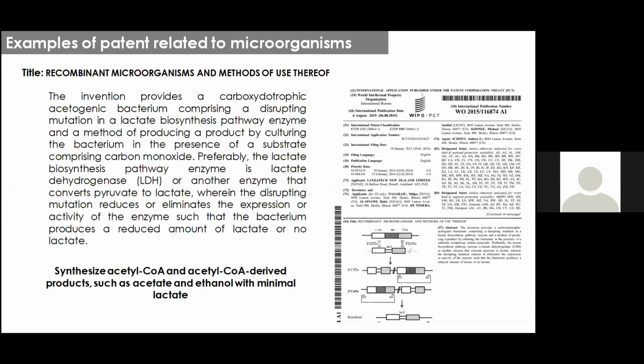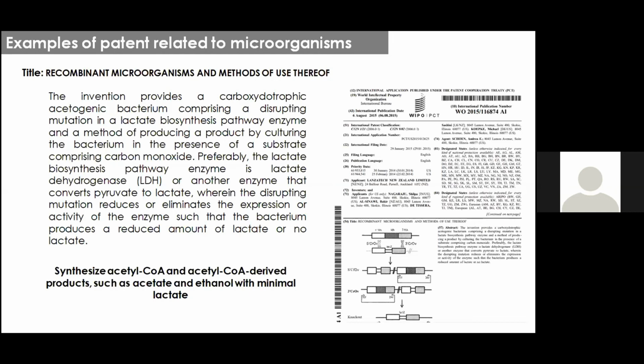In the case of Chakrabarty, it was used for crude oil degradation. Here, in this case, which was filed by CSIR, no, this is not the case of CSIR, it's in the next slide. In this particular example, a recombinant microorganism was made to synthesize acetyl coenzyme A and acetyl coenzyme A derivative products while eliminating lactate production.